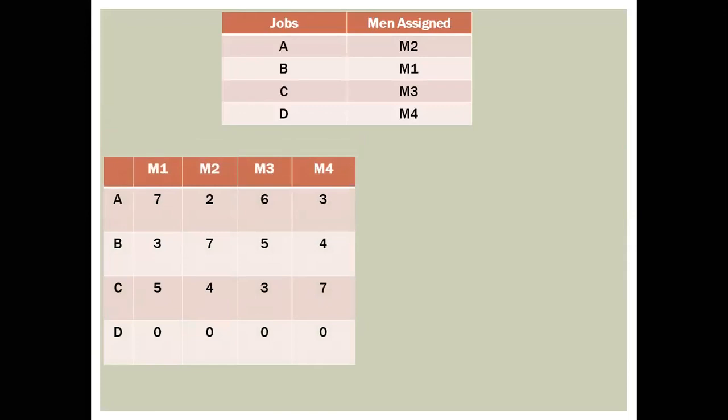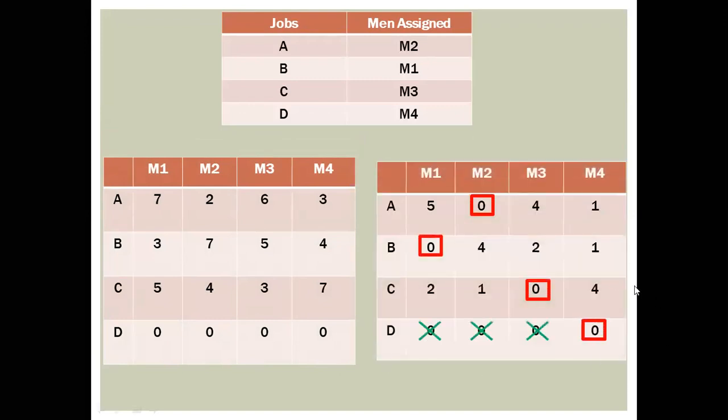This was your original question, including the dummy row, don't forget. And this was the answer which you derived. So as you all know, our objective was to minimize the total man hours. So we'll be adding up the hours to see how much is the total optimum time or the best time.